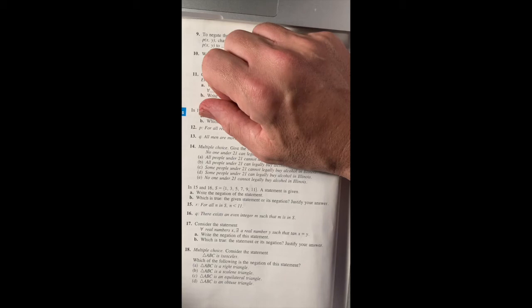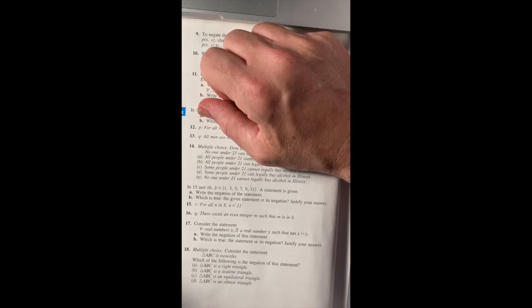So the negation of this statement is there exists a real number x such that there is no real number y to make tan x equal to y. And that's true because the counterexample would be pi over 2.